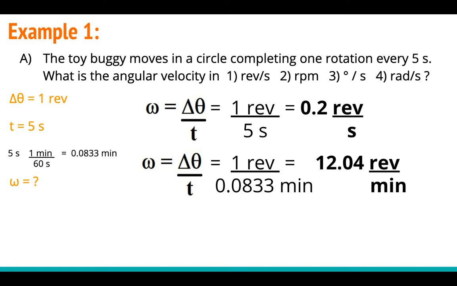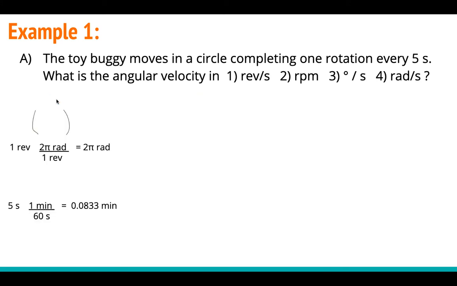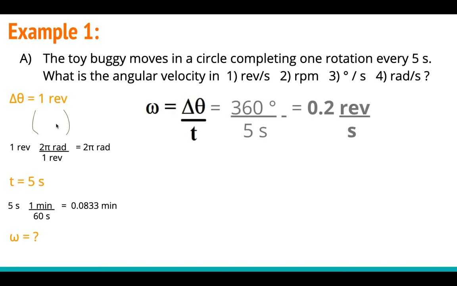Okay, 3, we want degrees per second. So we need to convert our angular position from revolutions to degrees. If we have 1 revolution, we know there are 360 degrees in 1 revolution. Our revolutions will cancel.